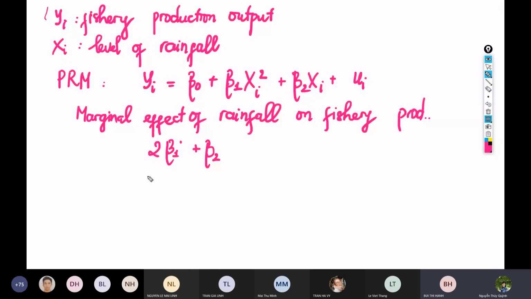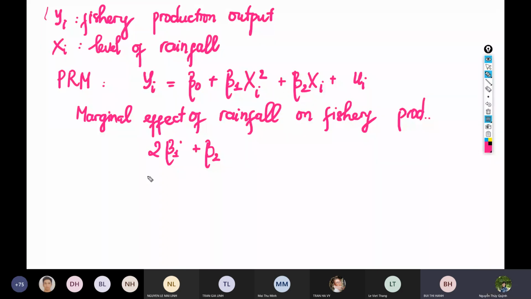Can I say that beta 1 and beta 2 will have a negative sign? When beta 1 has a negative sign, beta 2 will have a positive sign.